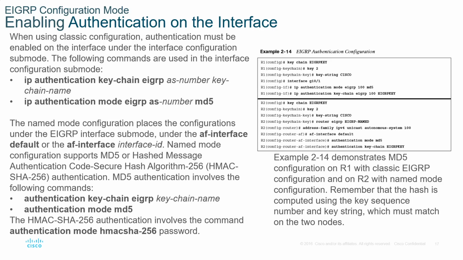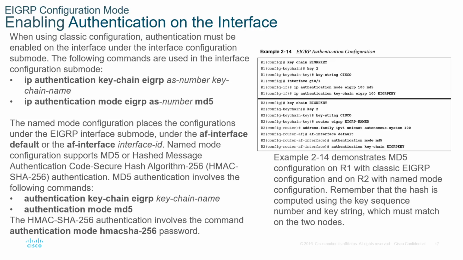Now, under named configuration, you set up the keychain the same way. Then you go into your interface that you want to configure. So, AF interface. Now, if you're using the same keychain throughout all your neighbors throughout the entire network, it makes sense to make it the default.